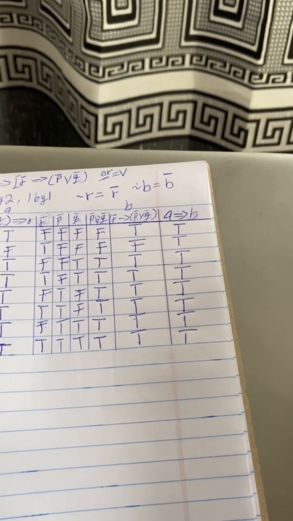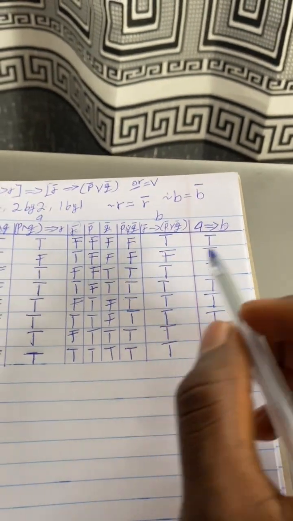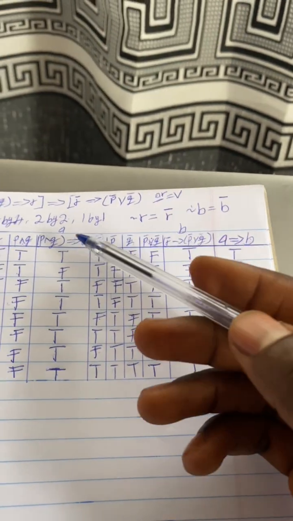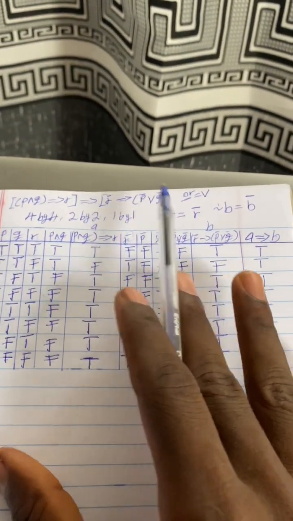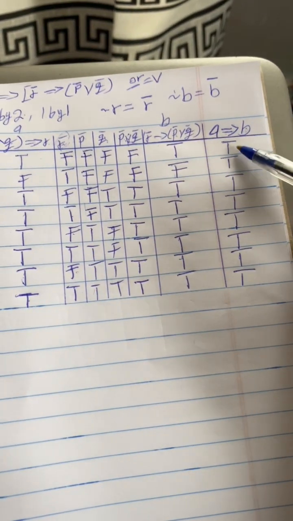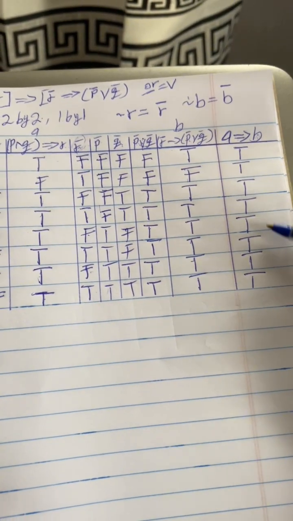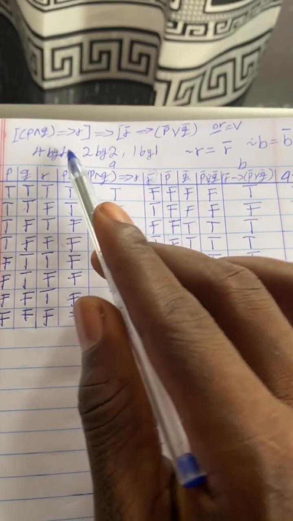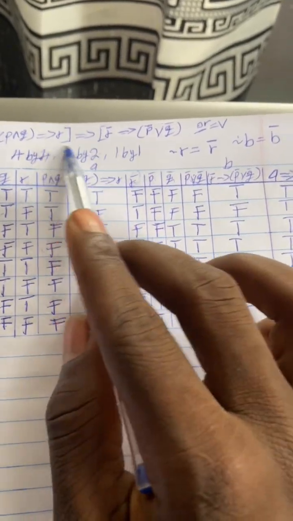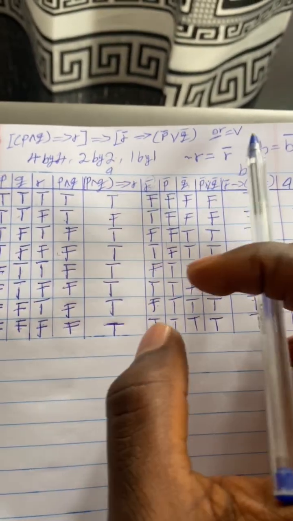So we are done. We are done with our box or our table. So this is how the assignment is supposed to be. So after finding your final answer, this proves that this whole equation is tautology.